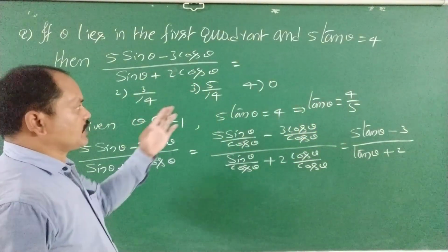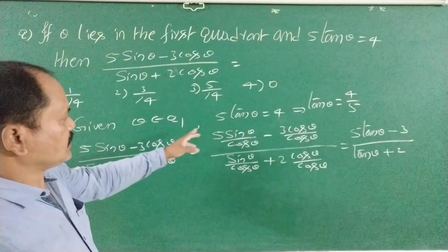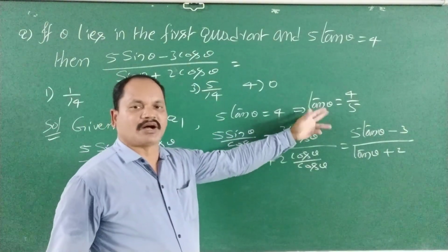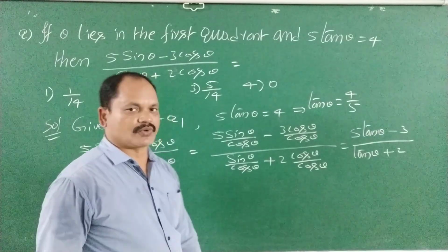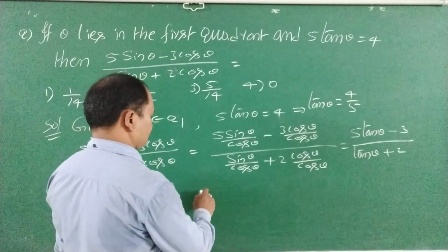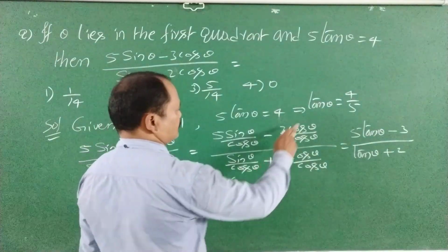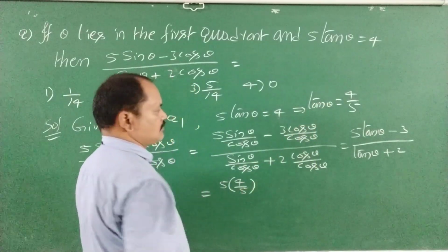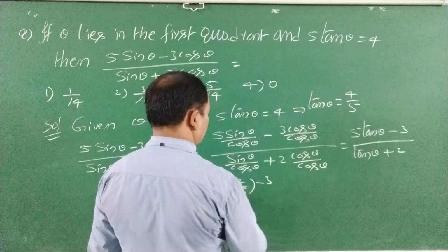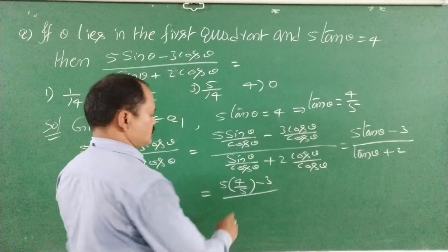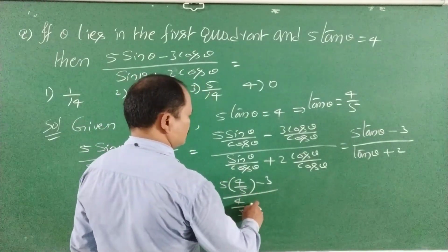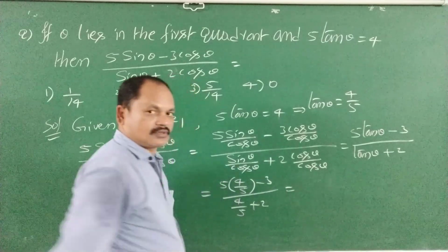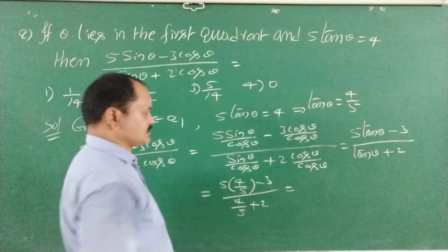Now, we have the value of tan theta is 4 by 5. It is positive since theta belongs to Q1. Substitute there: 5 times tan theta, 4 by 5, minus 3, whole by 4 by 5 plus 2. Here 5 gets cancelled.